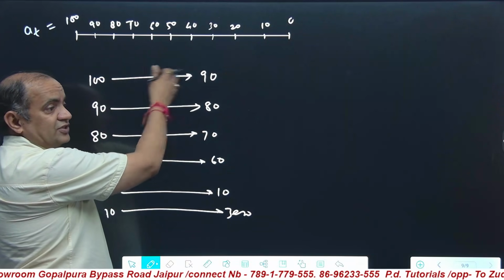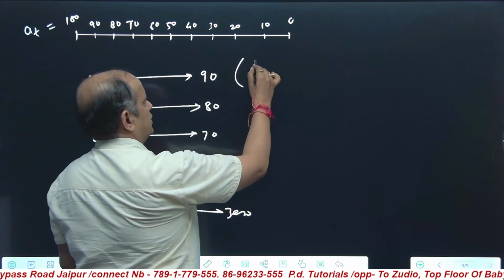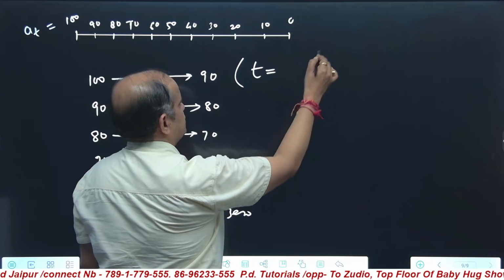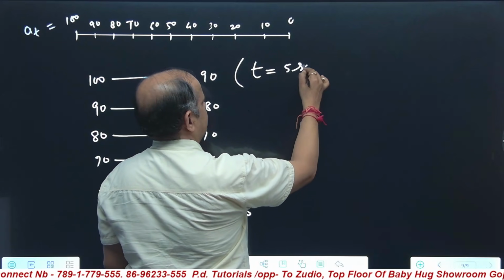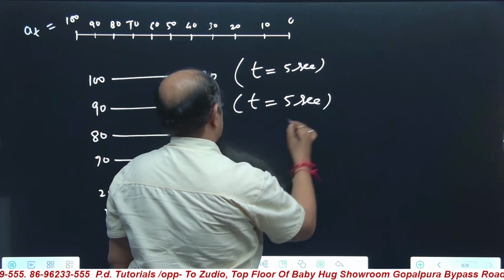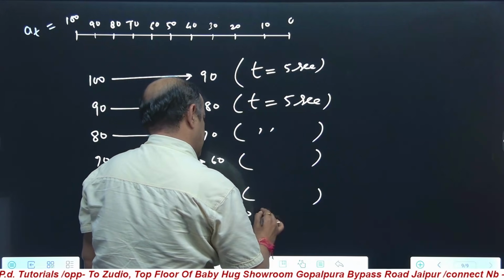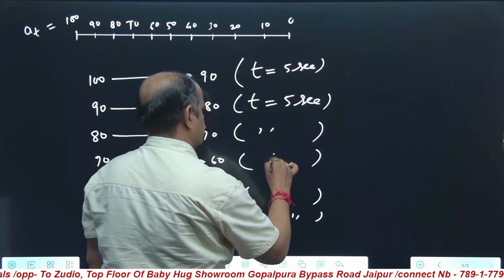Equal amount of concentration decreases in equal time. Let this t be 5 seconds, then this t is also 5 seconds, and this t is also 5 seconds. All the time intervals come to be the same.